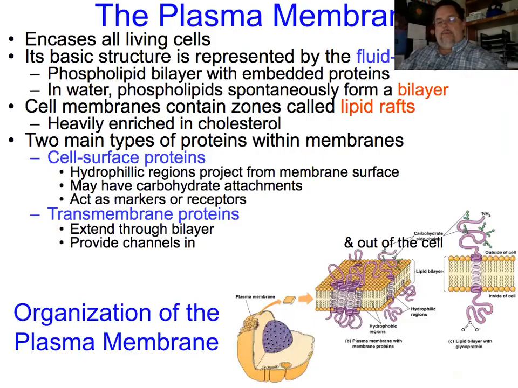So this is just an example of one of these here. You see the circle here? That's the phosphate and choline, and those tails are the fatty acid tails that hate water. So they're facing internally, making this hydrophobic layer.